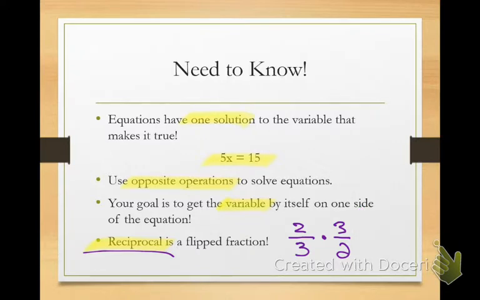And what happens now is I cross-reduce everything down to 1, and that's what I want. I can do that using reciprocals. Out of all the concepts, you'll see fractions the most in this lesson, okay? I wish there were more whole numbers, but we got to do fractions and decimals too.